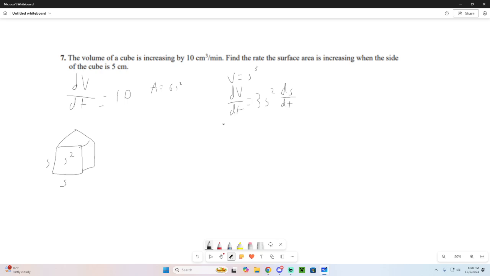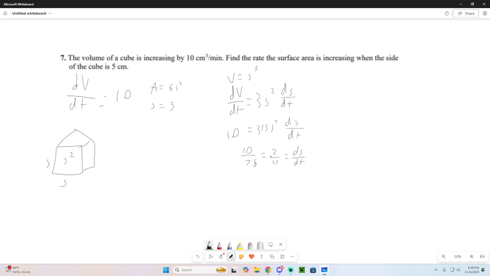And now we can plug in our value of 10, so we get 10 equals 3 times, when the side of the cube is 5, so s equals 5, 3 times 5 squared ds/dt. To solve for ds/dt, 5 squared is 25, 25 times 3 is 75, so we get 10 over 75, which is 2 over 15. That's ds/dt.